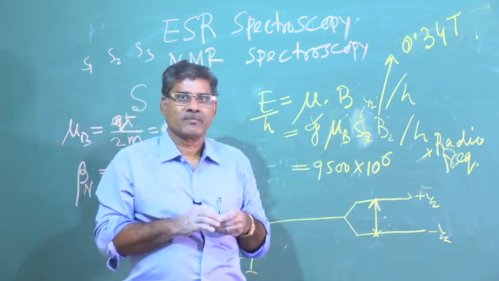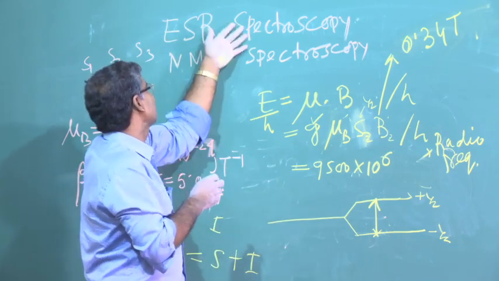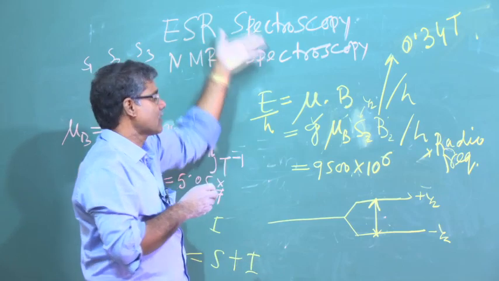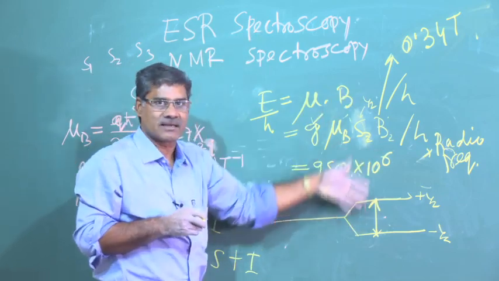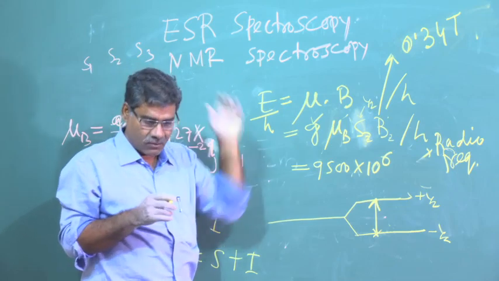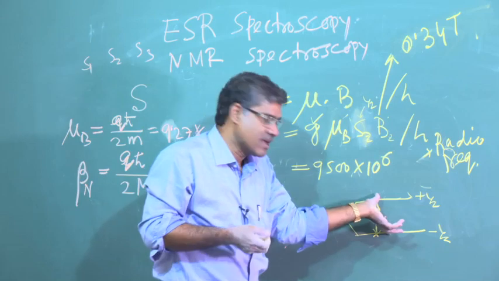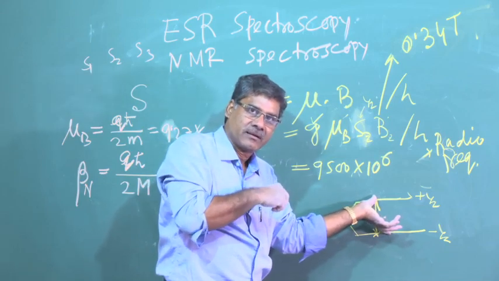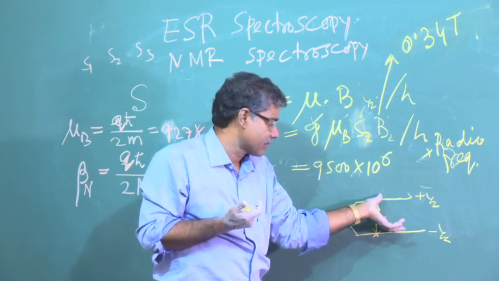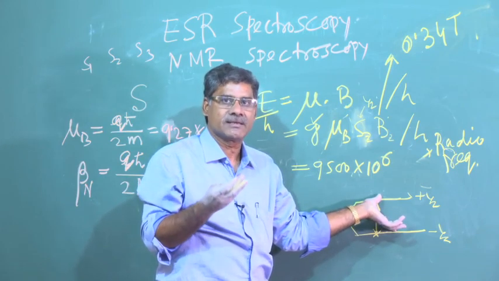Now, you see, in this spectroscopy, ESR and NMR are both based on this concept. Now, in case of NMR, to make resonance, something externally I am putting here, that is basically radiation of radio frequency.